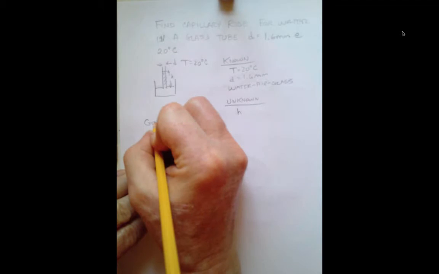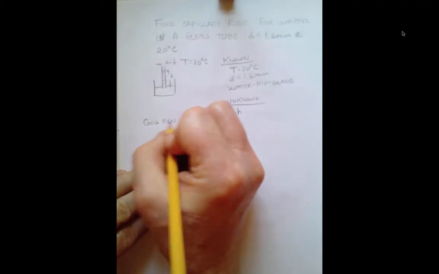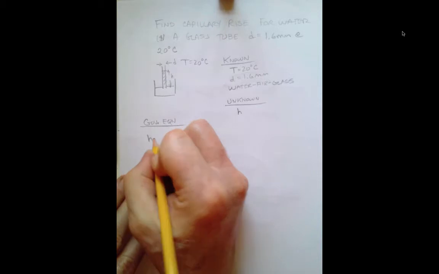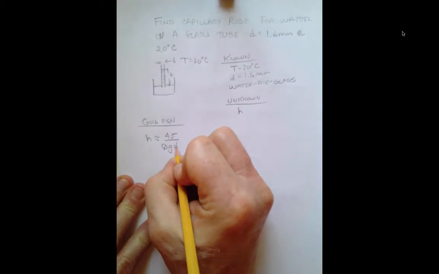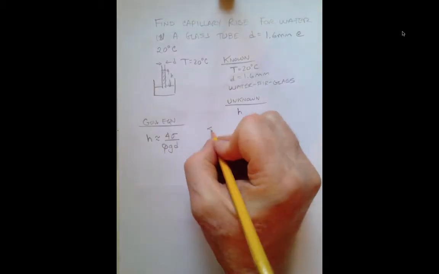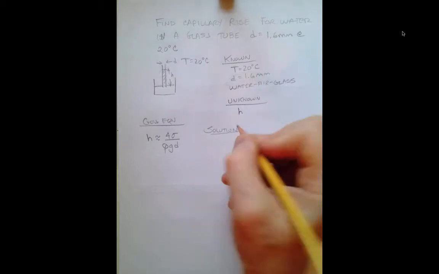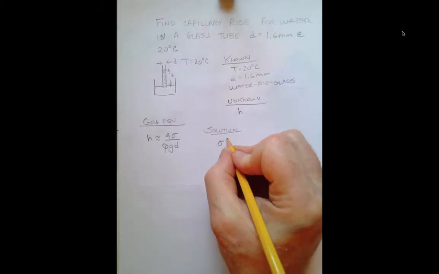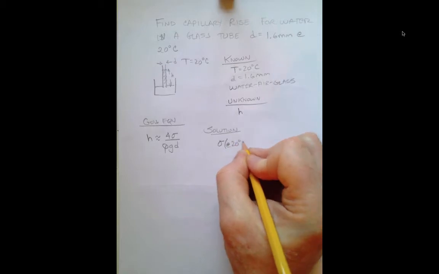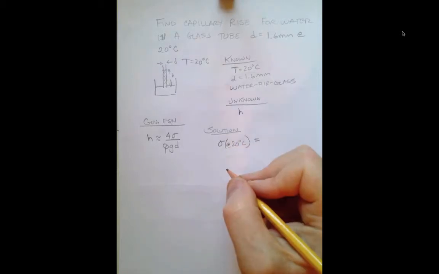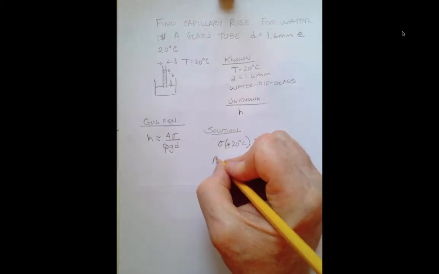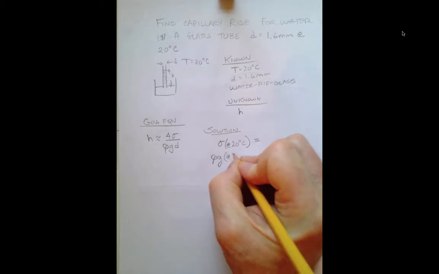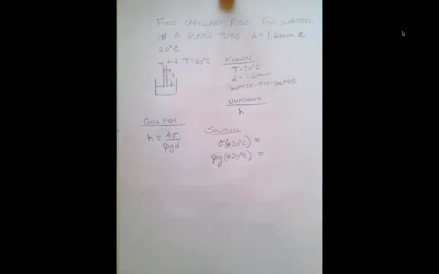Governing equation: h equals 4 sigma over rho g d. Solution. Well, first we want to look up sigma at 20 degrees C, and while we're at it, let's look up rho g at 20 degrees C, and this will give us a chance to use some of our other tools.